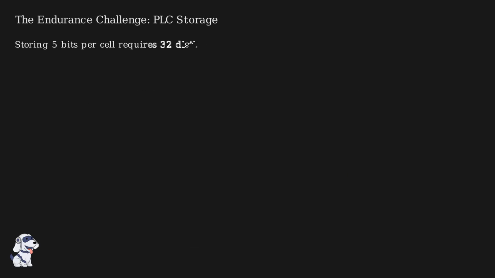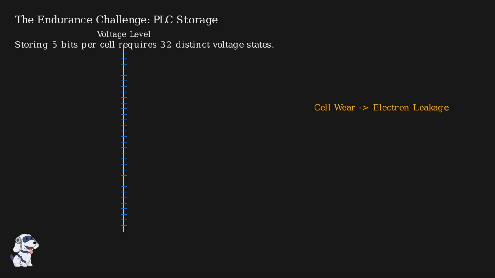As we push for higher storage density, we enter the era of penta-level cell, or PLC storage. This technology packs 5 bits of data into a single memory cell. To store 5 bits, the controller must distinguish between 32 discrete voltage levels. These levels are incredibly close together, leaving almost no margin for error. The endurance challenge arises because memory cells naturally degrade over time.